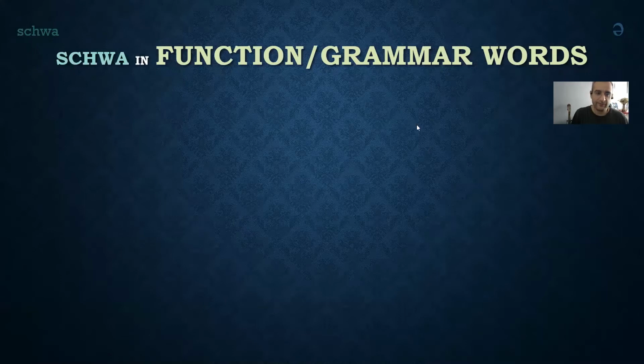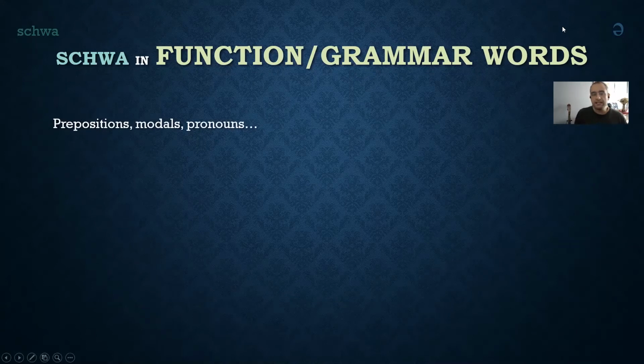All right, cool. So we also see schwa in function words. You can call them function words or grammar words, same stuff. What I mean is prepositions, modals, pronouns, words that are not content words, like table, child, phone, wall, door, important, never.